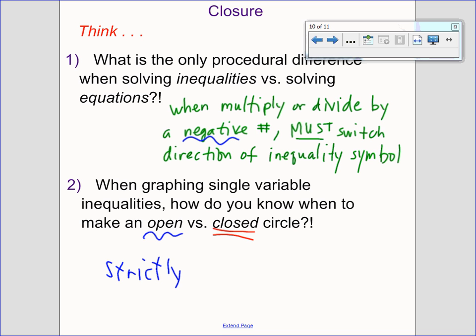So the strictly greater than or less than would result in an open circle where you don't fill it in, it's not part of the solution set, versus closed, right? Closed, Emily? That's when it has the little equal sign. Good. That's the or equal to, right? The or equal to. And that would be the greater than or equal to or the less than or equal to. And it is included as part of the solution set.